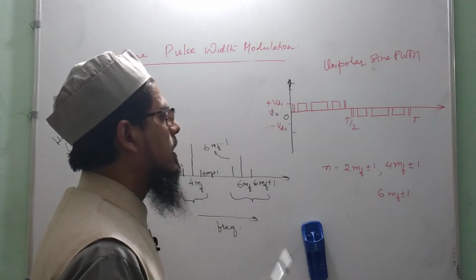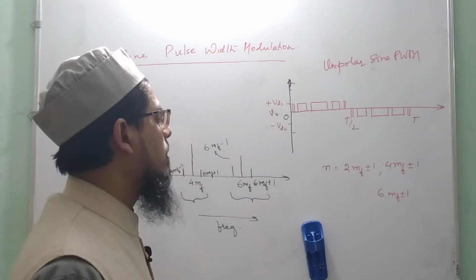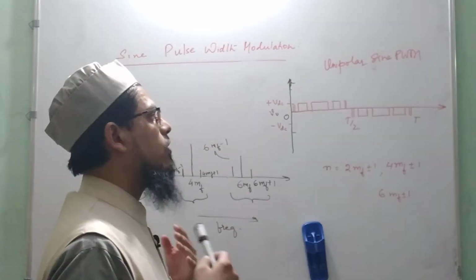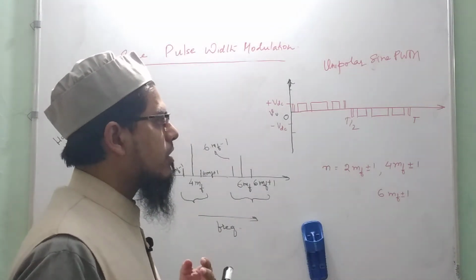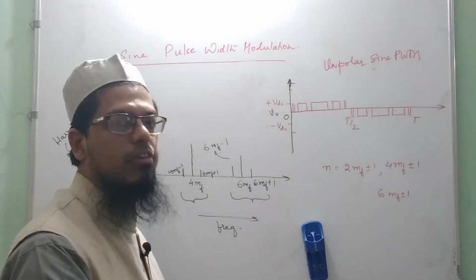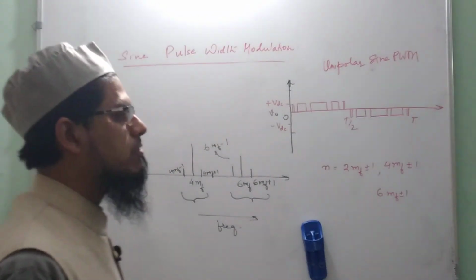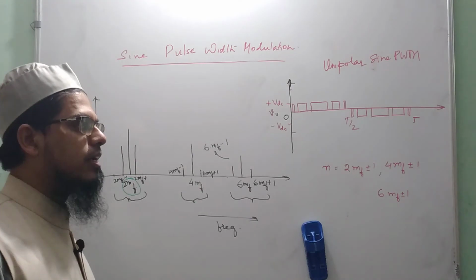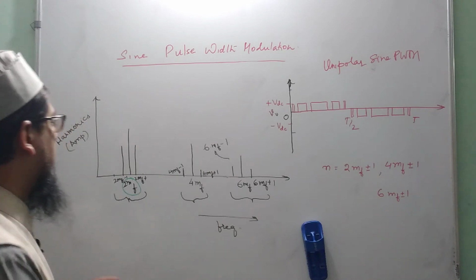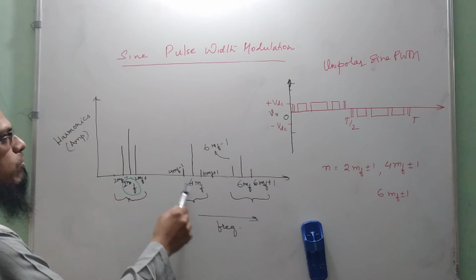In this scheme, there are two sinusoidal reference signals, so effectively the output voltage has harmonics starting from twice the MF value. That means 2 MF plus 1, 4 MF plus 1 and 6 MF plus 1 if MF is taken as an even number. So the bands would occur at 2 MF, 4 MF, 6 MF.